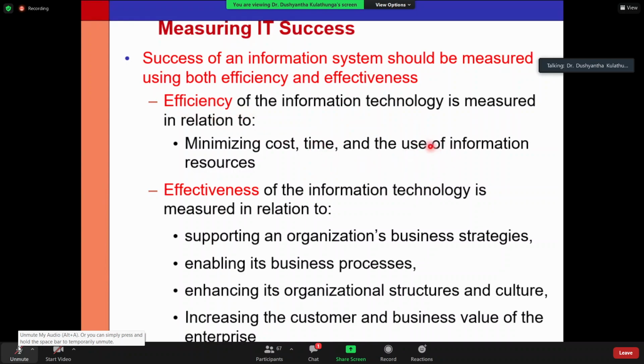So likewise, as I mentioned earlier, the data would have been scattered. The data would have been stored in different databases or different places. So then in order to get the relevant information, we have to access all those places and then do some analysis to arrive at the required information.